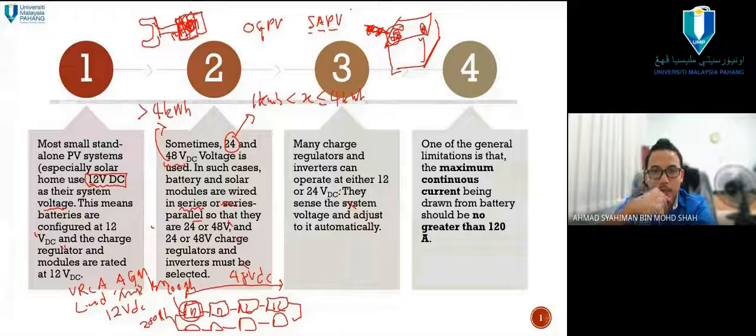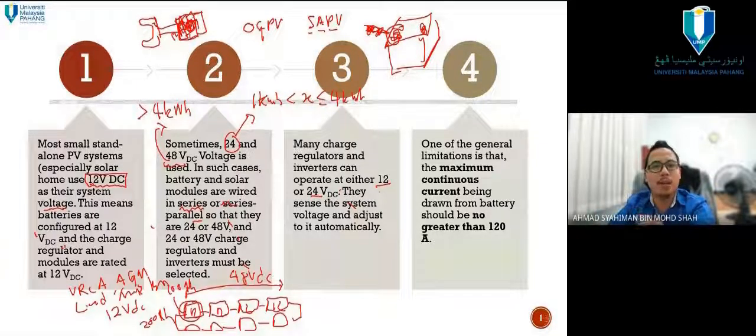Many charge regulators or charge controllers and inverters can operate at either 12 or 24 volts. Okay, 12 or 24 volt. They sense the system voltage and adjust to it automatically. After we have learned this subject, maybe some of you are interested to install your own system at home, at least a small one.